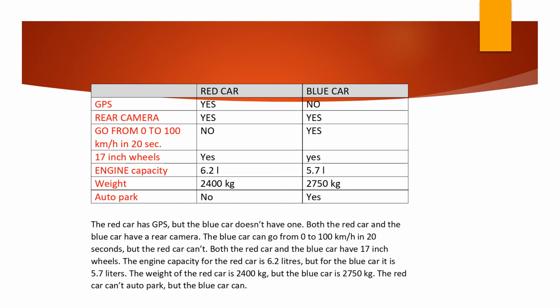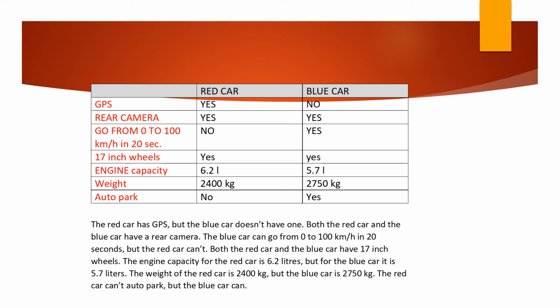The red car has GPS, but the blue car doesn't have one. Both the red car and the blue car have a rear camera. The blue car can go from 0 to 100 kilometers per hour in 20 seconds, but the red car can't. Both the red car and the blue car have 17-inch wheels.